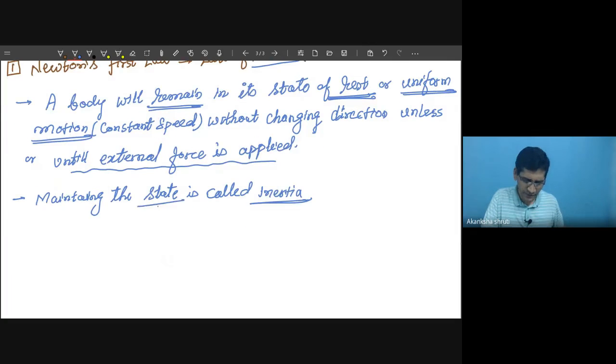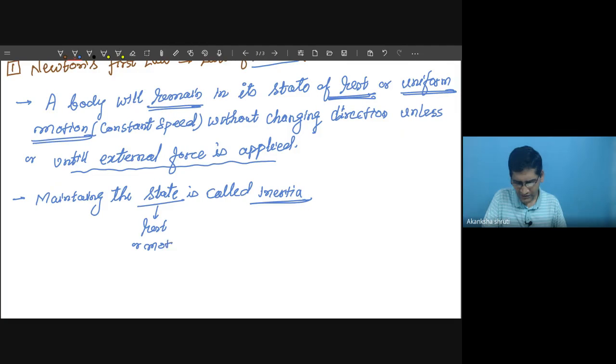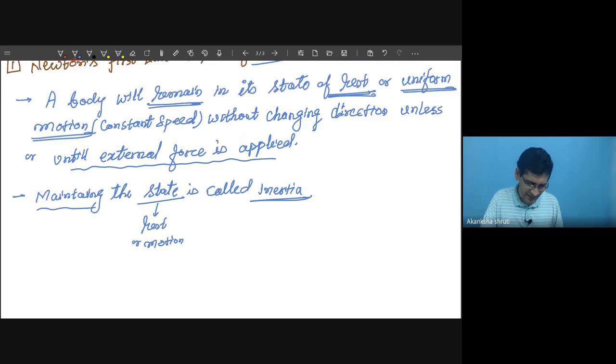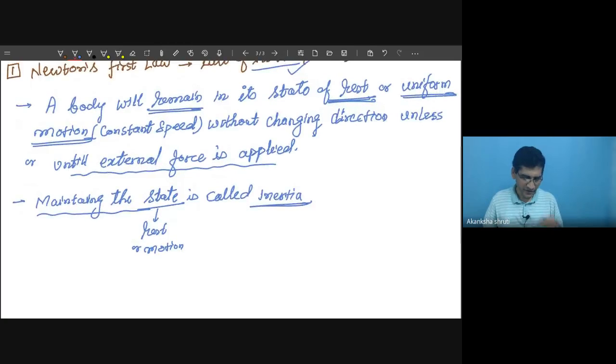This state could be either rest or motion, or if the body is changing direction, it will need some external force. So because of this, maintaining the same state is called inertia. This law is also called the law of inertia.